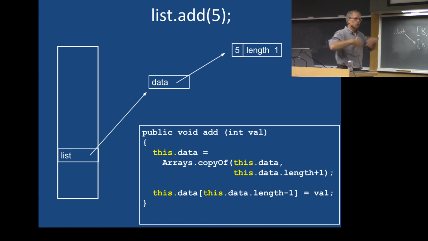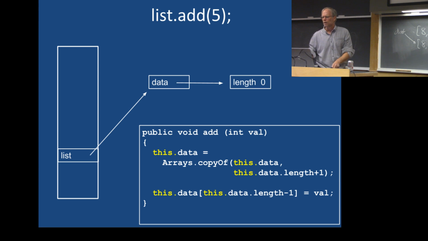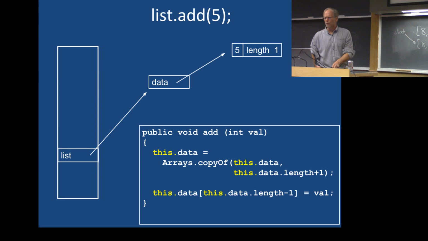So from the point of view of the caller, at one instant, if you just did a step over, instead of stepping into the call to the method, at one point we were in that situation, and now all of a sudden, we're in that situation. So add went and modified that object up there, and the effect was having it point to a new place.